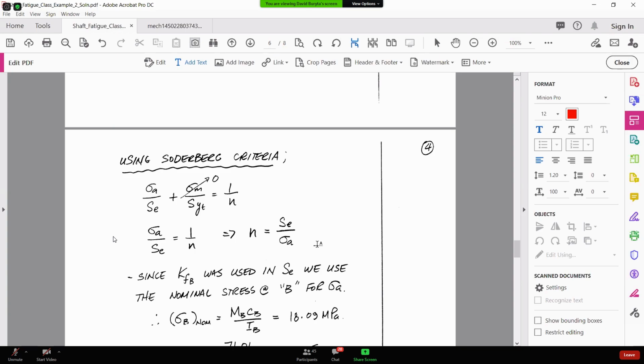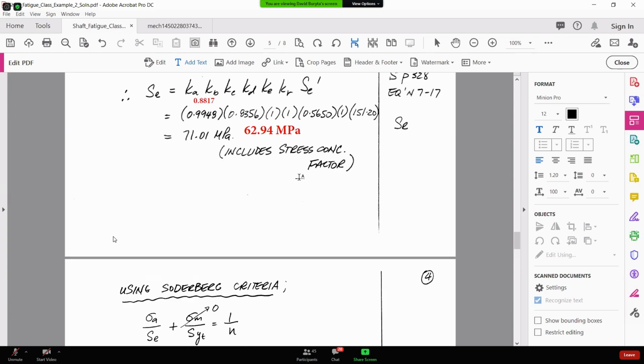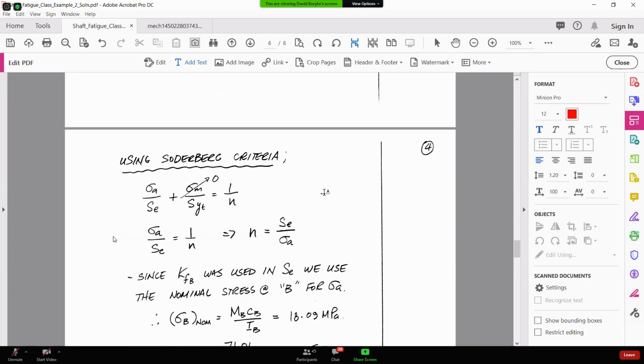Now, up here, the stress concentration factor was included. So this is my fully modified endurance limit. If I use the fully modified endurance limit here, I use the nominal stress here, okay? So in other words, I don't put the Kf in both of these.